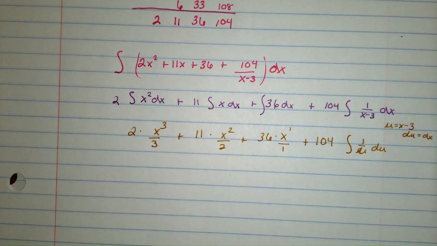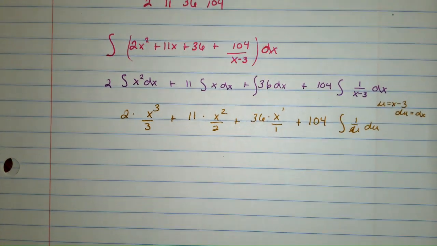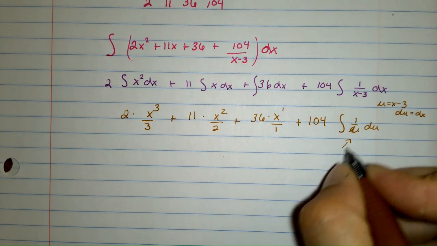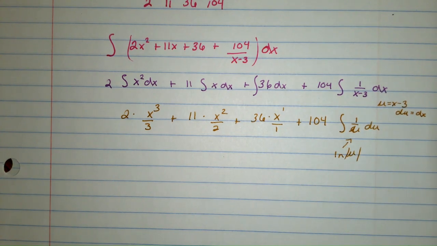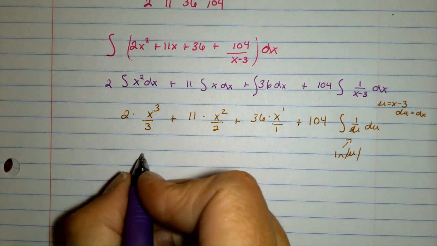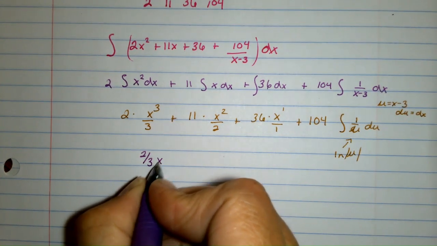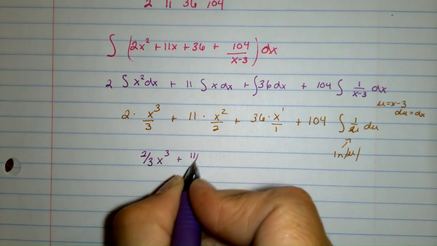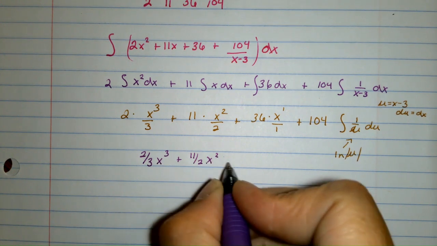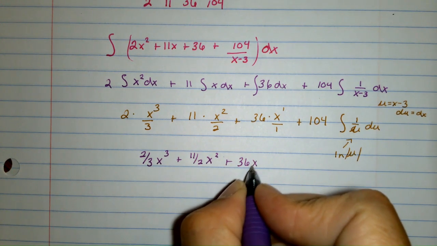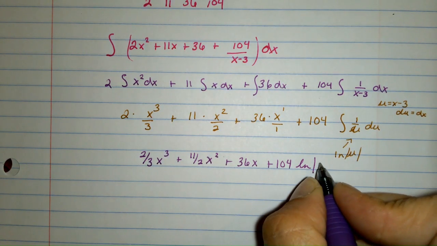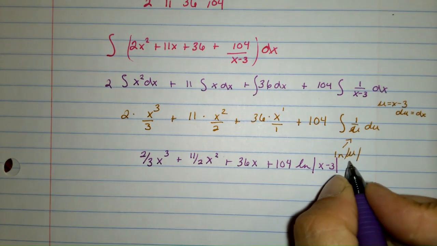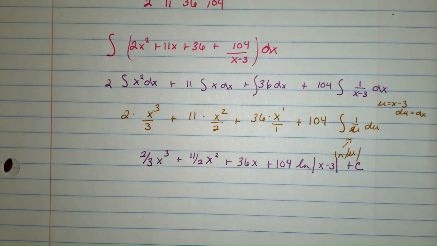Now I know how that integrates. That integrates to the natural log of u. That's that rule. So our final answer would be 2/3 x cubed plus 11/2 x squared plus 36x plus 104 natural log of the absolute value of x minus 3 plus a big old C for the entire problem.